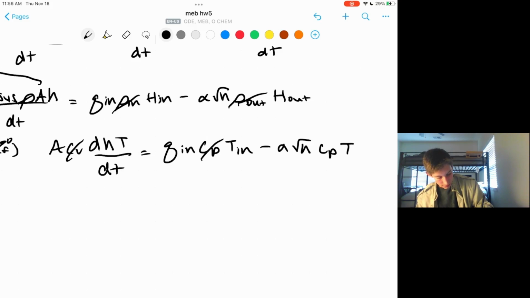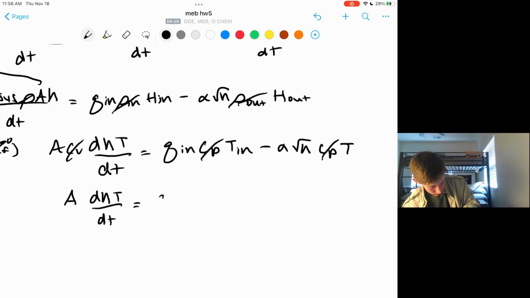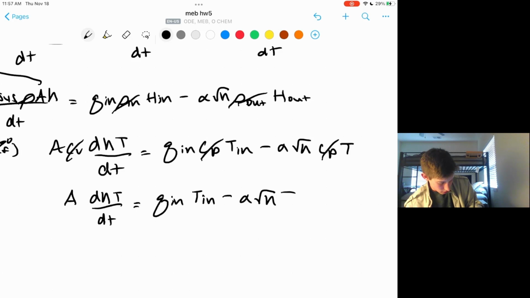So these cancel. So we're left with A times d(hT)/dt equals flow rate going in times the temperature going in minus alpha radical H times the temperature.